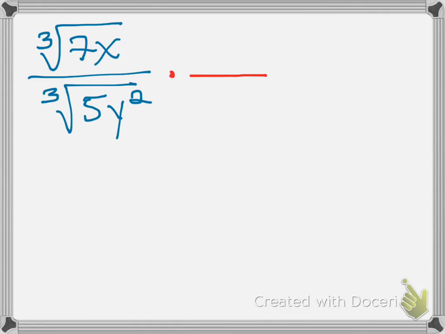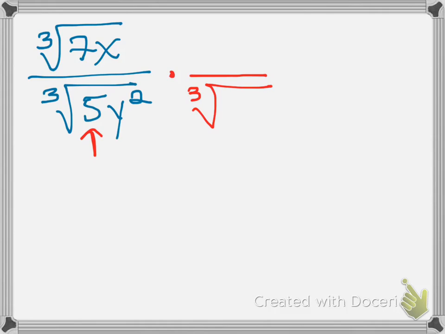So we need to figure out what radical expression would allow us to get rid of this cube root of 5y squared. Because it is a cube root, when we rationalize it, we're going to need to use a cube root. And what you need to do is think of how many factors of each type of thing you have underneath your radical sign.